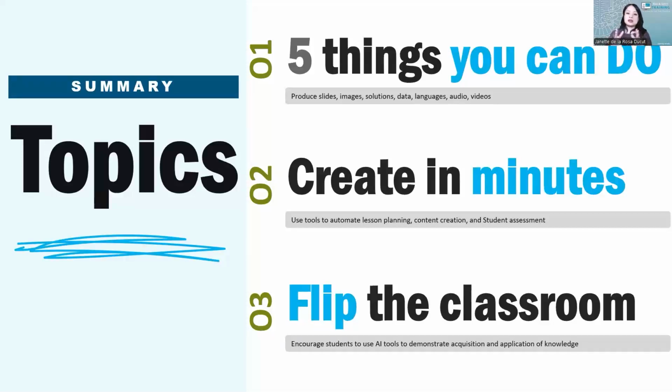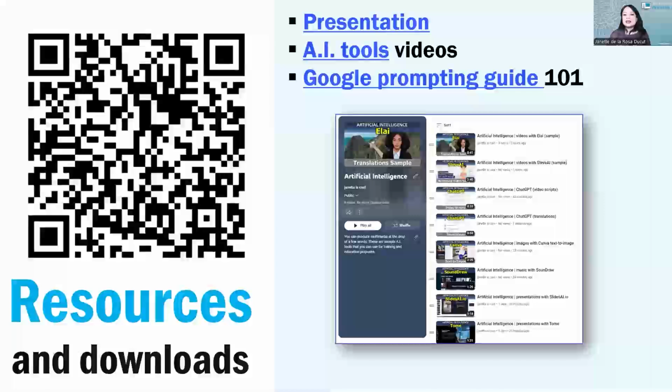It can help you flip the classroom. We talked about encouraging students to use AI to demonstrate the acquisition and the application of knowledge. Here is a QR code that you can use to go to my presentation. I'll also put a link in the chat. And if you download the presentation and get to the slide, you can click on AI tools and videos, and you can watch the playlist on YouTube of all the tools I shared in case you wanted to refresh.